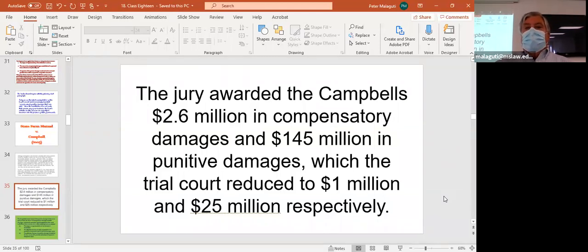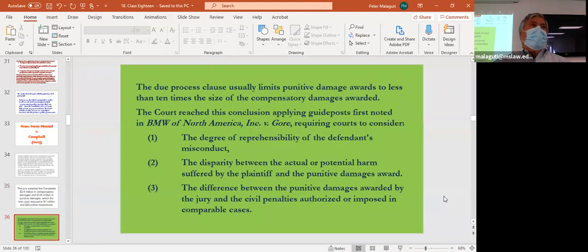The trial court reduces that to $1 million for actual damages and $25 million for punitive damages. State Farm appeals, and the court just follows BMW versus Gore.